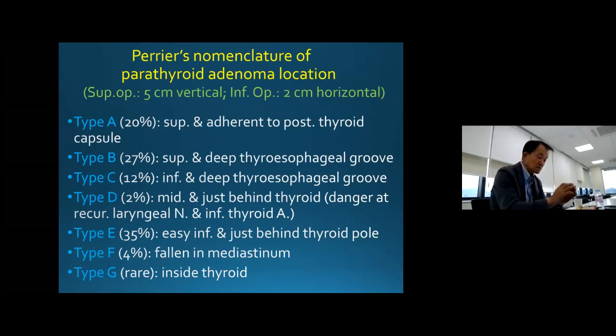They all look like nodules, low echogenic or low density, or high signal intensity on MRI. So unfortunately these are rare. Keep in mind, this is the internationally recognized nomenclature of parathyroid adenoma location.